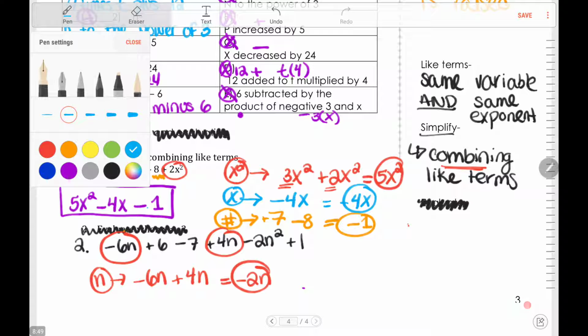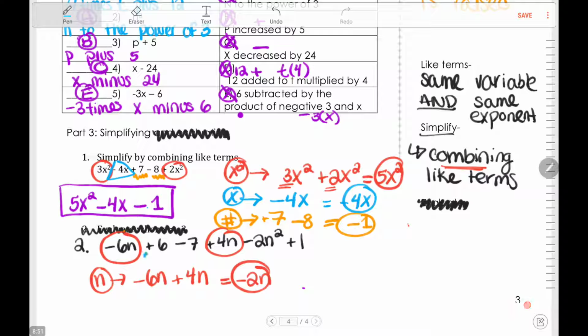Let's use this. I see my number group. In my number group I have a positive 6, a negative 7, and a positive 1. That actually is going to give me 0.